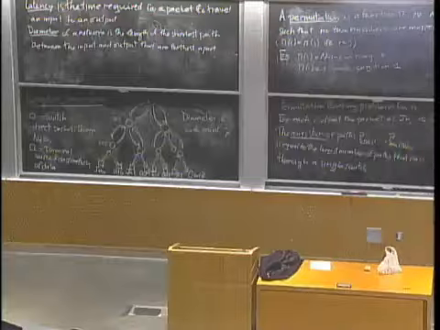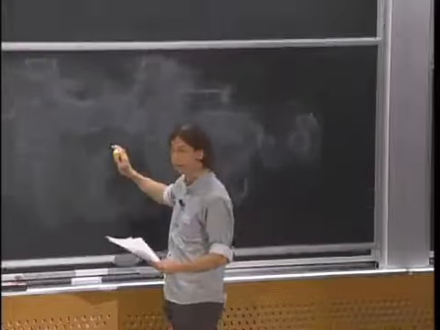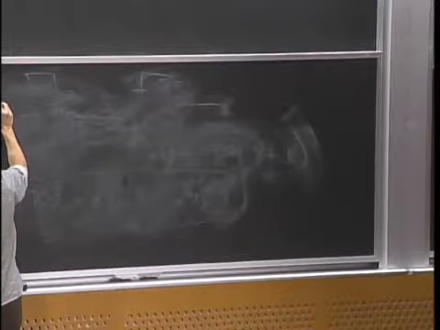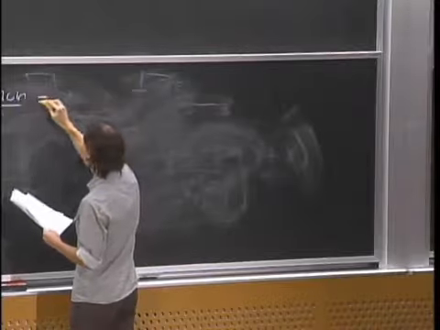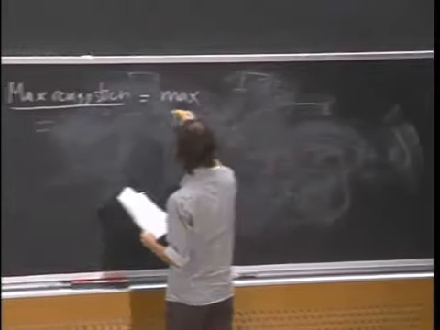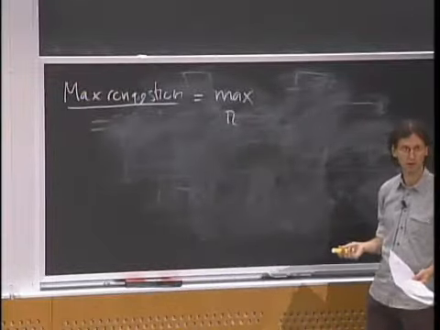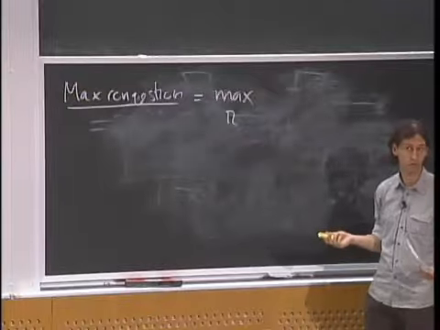So what we're interested in is the maximum congestion, which is the worst case scenario, and we'll define it as follows. The maximum congestion is equal to the maximum over all permutations pi. This is the worst case routing problem that I can imagine and that may occur in practice.